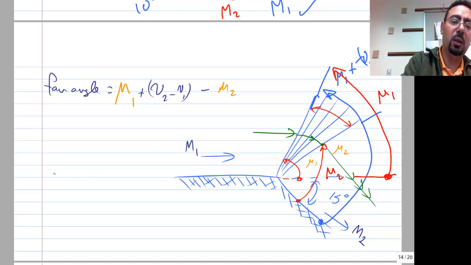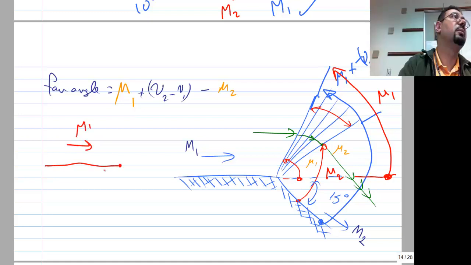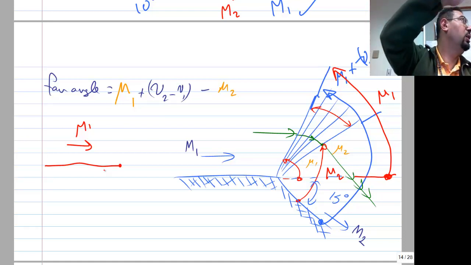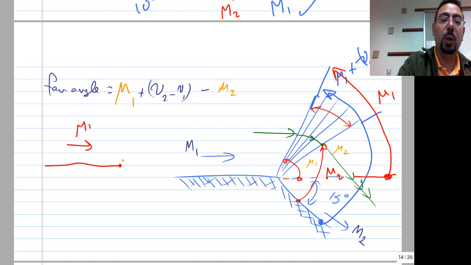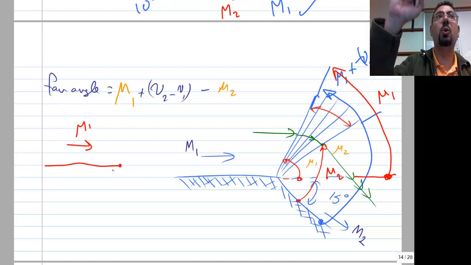So why is this mu1? Well, if you have a flow like this coming at M1 and you give it any small disturbance, a tiny pin sitting there, what will happen? Not an oblique shock wave. That's a very tiny disturbance. So what will be generated?